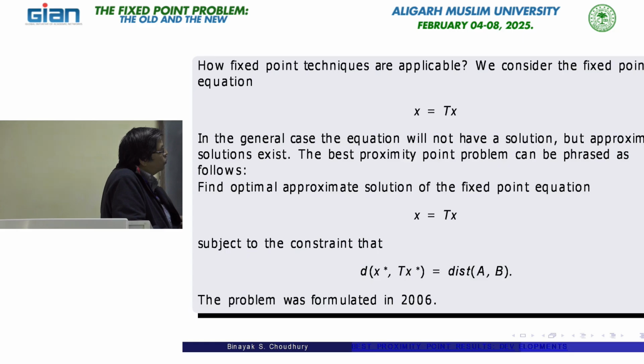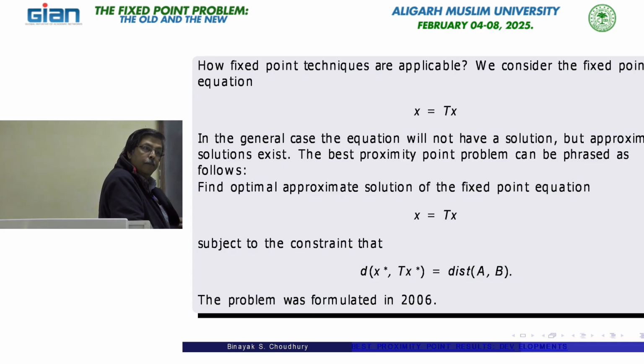Not only that, we want the optimal approximate solution. What is the condition of optimality here? That this approximate solution must be tallying with this one, the distance d(A,B). So the problem is to find an optimal approximate solution of a fixed point equation.